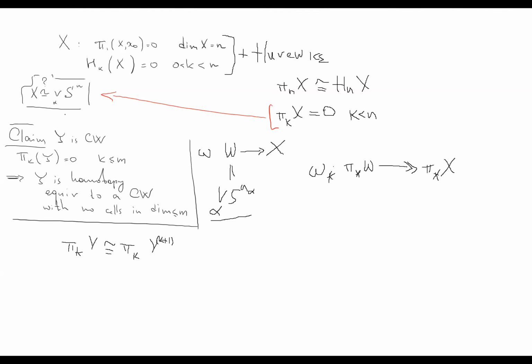Because any map from a k-sphere to Y is homotopic to one that lies in the k-skeleton, and any homotopy between such two maps lies in the (k+1)-skeleton.